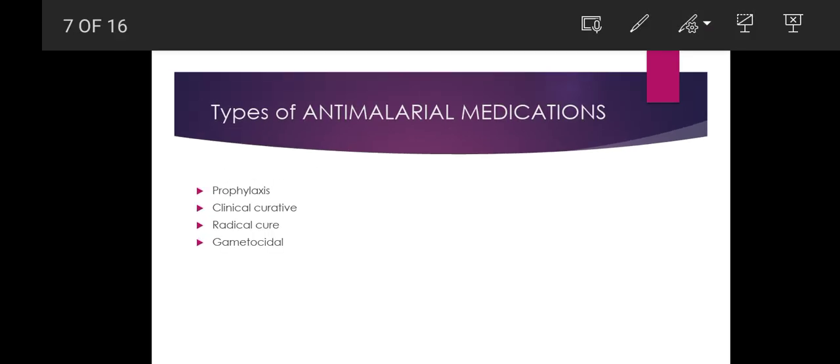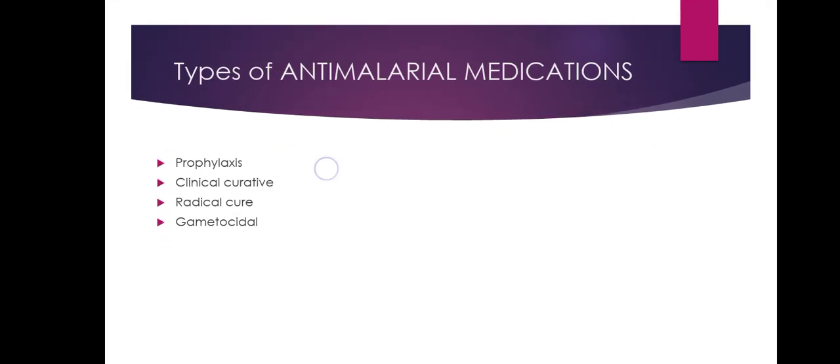Now, based on the different stages of the life cycle of the plasmodium parasite, we have 4 main classes of drugs. So these are the types of drugs according to the stages of the malaria life cycle that they affect. The first one is prophylaxis.